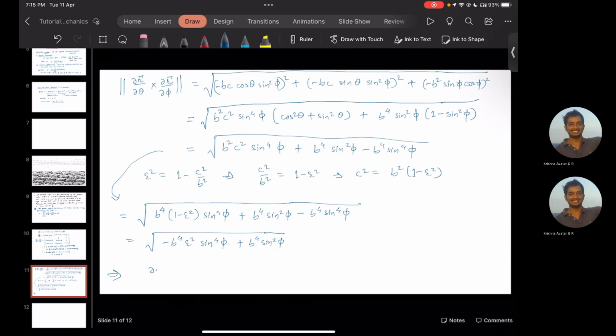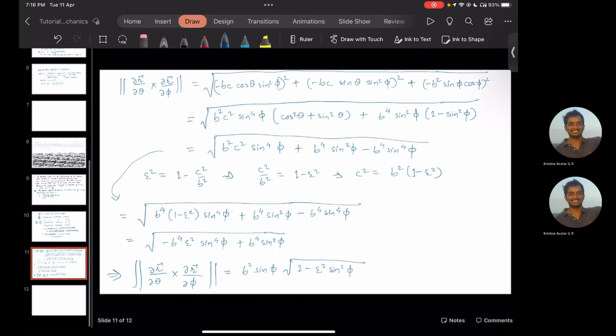This implies that the norm of partial r vector by partial theta cross partial r by partial phi becomes, we will take out the expression of b square and sine phi, so b square sine phi into root over 1 minus epsilon square sine square phi.